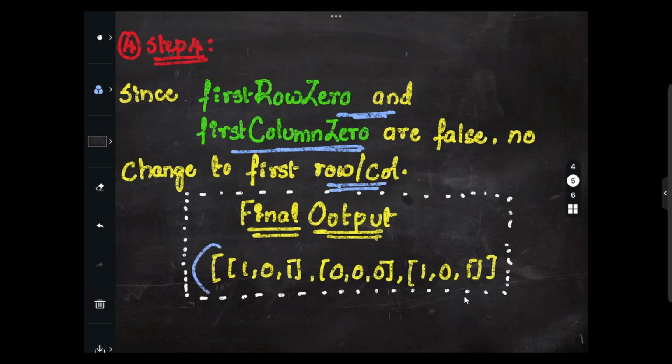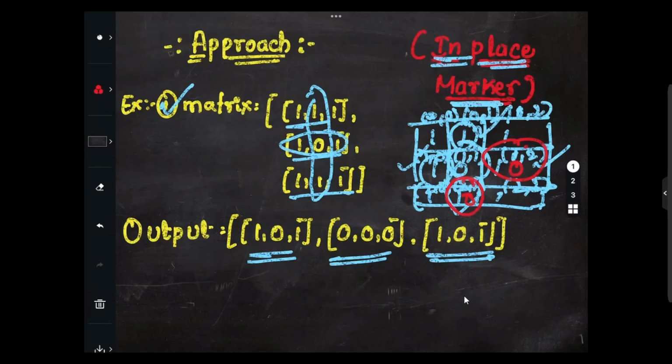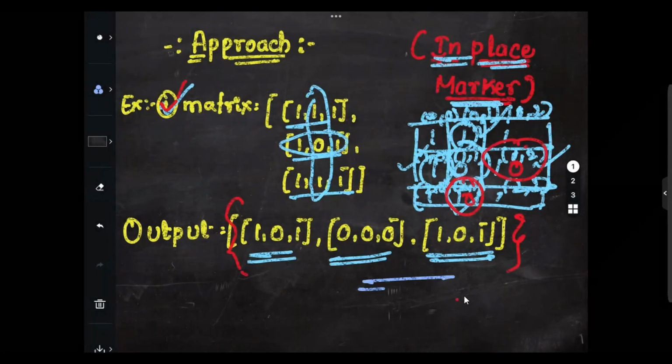So the final output that we got here is 1 0 1, 0 0 0 and 1 0 1, which is equivalent to the output they have given for the first example in the question: 1 0 1, 0 0 0 and 1 0 1, right? So this is the output that we had to get and this is the output that we got, equivalent to the output given for example 1 in the question.